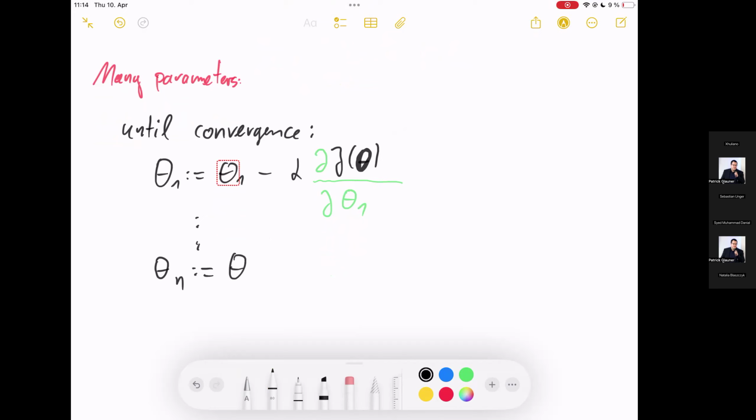So theta n minus learning rate times the partial derivative of J of theta along theta n, and I have n many in here.